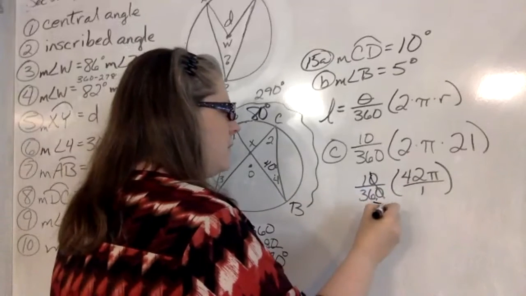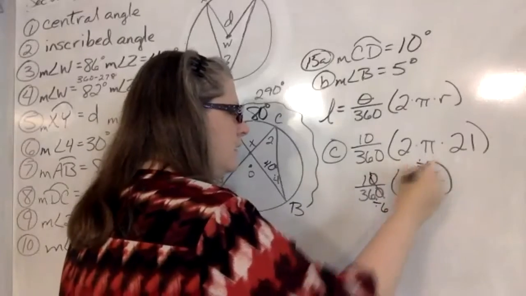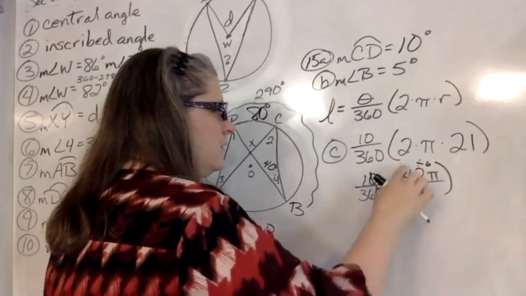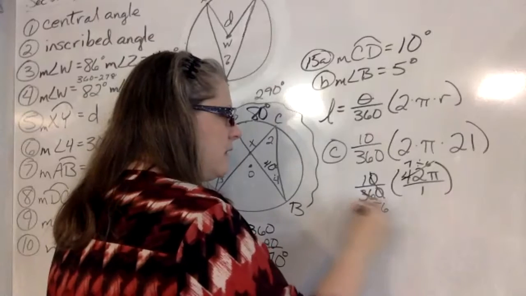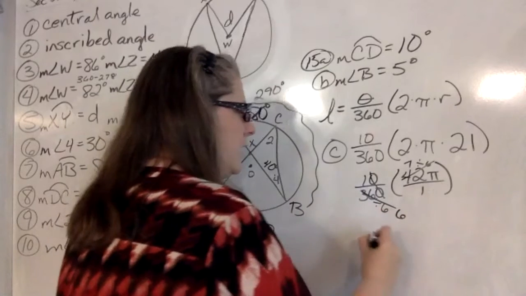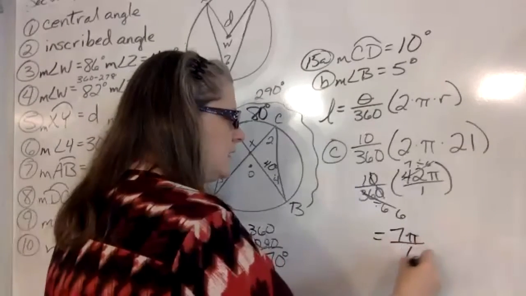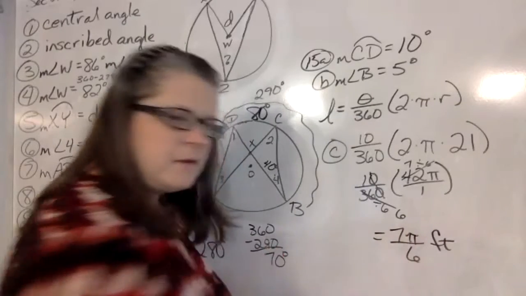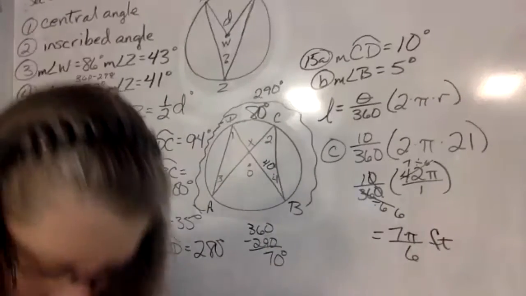We can divide them both by 6. 42 divided by 6 is 7. 36 divided by 6 is 6. So my length will be 7 pi over 6. And I believe it was feet, so you always put your units of measure on your answer.